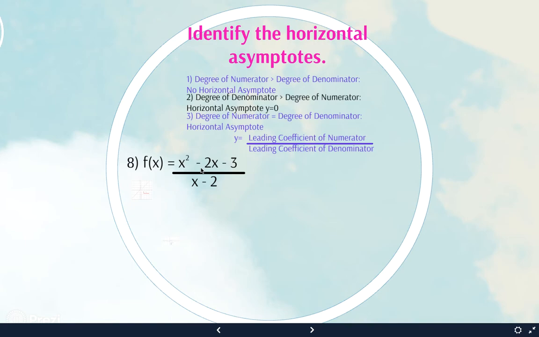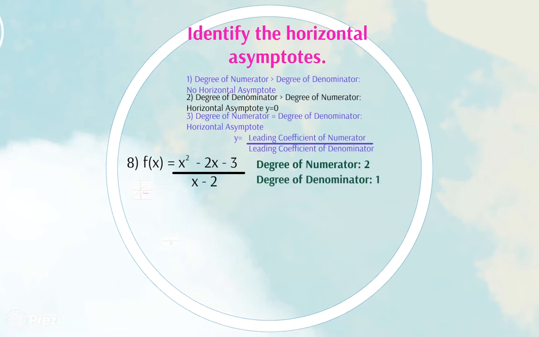What is our highest exponent we see? It is a 2, you guys. The highest exponent I see is a 2, so the degree of the numerator is 2. Now, what is the highest exponent of my denominator? Well, I don't see an exponent, so secretly the x has a 1, and that's going to be the highest exponent. So the degree of the denominator is 1.